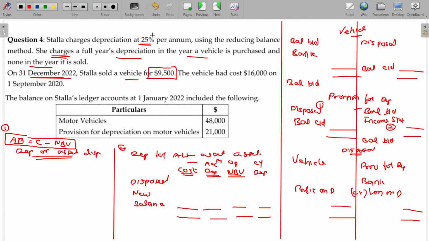Stella charges depreciation at the rate of 25% per annum using the reducing balance method. This one is okay. She sold it for 9,500. The vehicle cost being 16,000. Cost should be transferred from here to here. The balance on Stella's ledger at 1st January 22, year beginning, 48,000, and the year beginning provision for depreciation being 21,000.